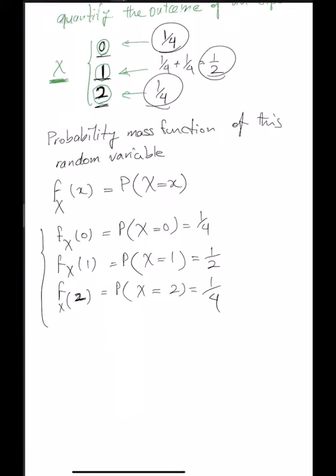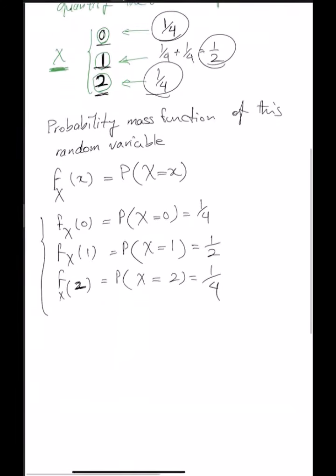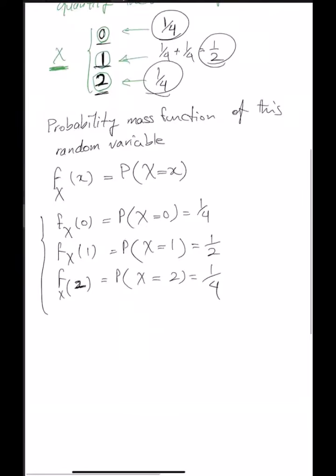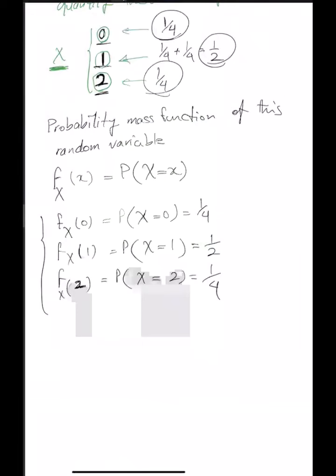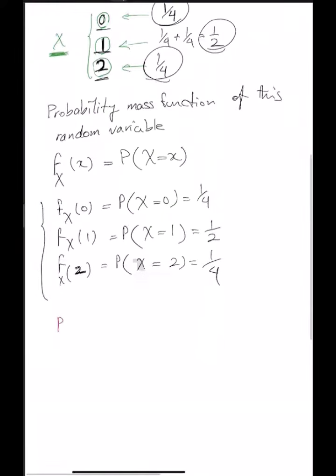So I can say that I have a probability mass function, but can you tell me what are the 2 conditions I have to double check to make sure it's a probability mass function? What are the 2 conditions? One of them is that f of x is greater than or equal to 0.